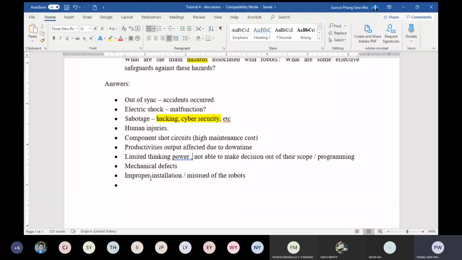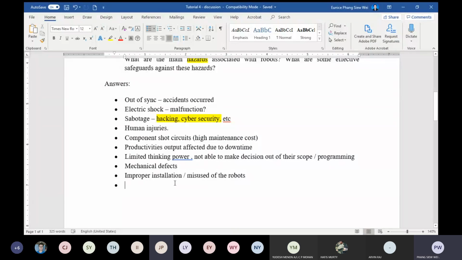Supposedly you want to buy 10,000 robots to do this, but because of all the sabotage and havoc it creates, now you have to pay extra. High maintenance cost is part of the issues, but it's not a hazard.